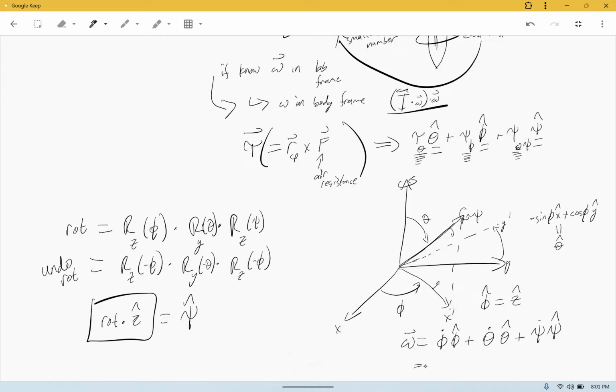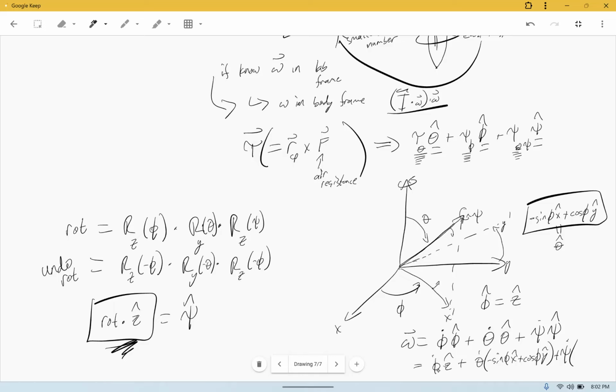It really is going to be phi dot in the z hat direction plus theta dot times this negative sine phi x hat plus cosine phi y hat plus psi dot times whatever the heck this gives you. Big, ugly, gross thing that has cosines, thetas in it, phi's in it. And so that's what omega is going to be. Because if any of these angles do a slight adjustment in time, that is how you're twisting. And that's what omega is all about: how are you twisting?